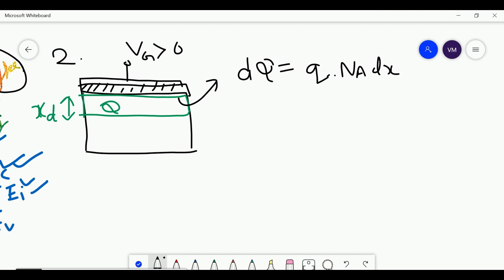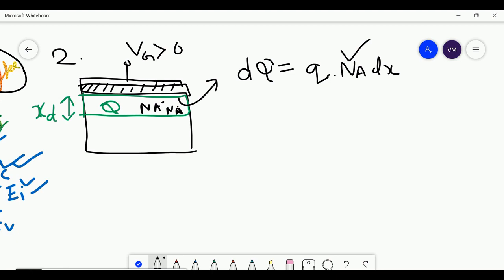How did I write this? What is the total amount of charge present inside this depletion layer? As I've already told you, the only charges inside this depletion layer are Na negative ions. There's nothing apart from Na negative ions, so I have taken Na.